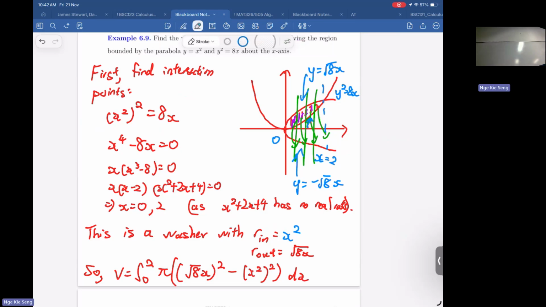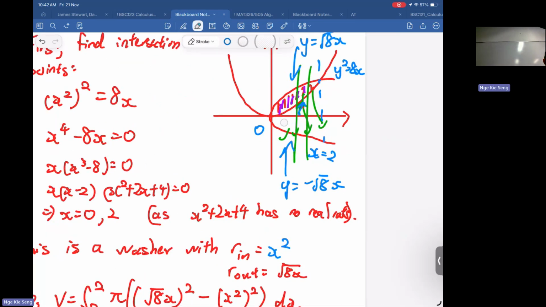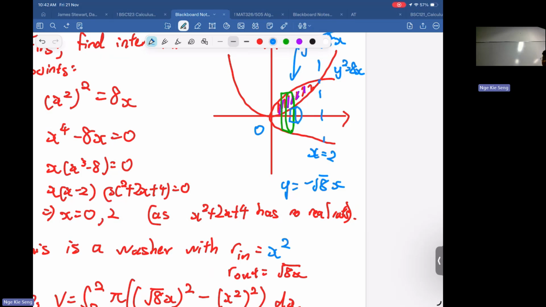One way to think about this is, let me remove the picture here first. You take the radius outside, you form your disk with thickness, and then you take away the smaller disk. Then this is the washer.